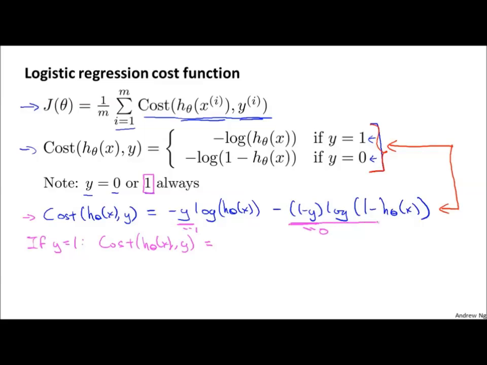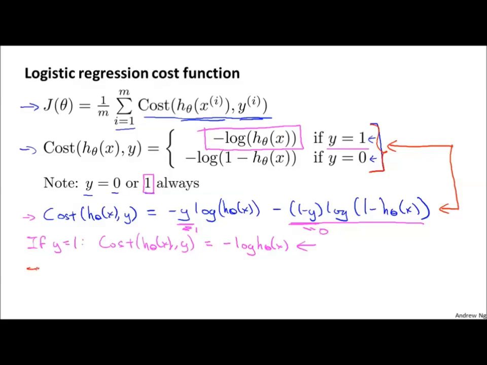So the second term gets multiplied by 0 and goes away, and we're left with only the first term, which is minus y times log h(x). y is 1, so that's equal to minus log h(x). And this is exactly what we have up here for if y is equal to 1.